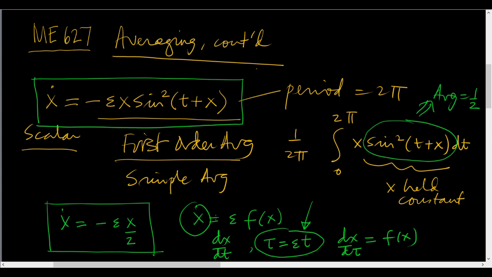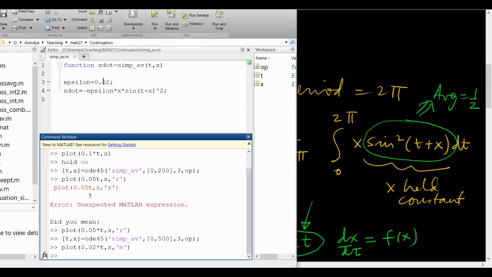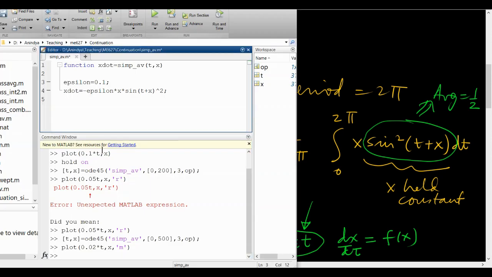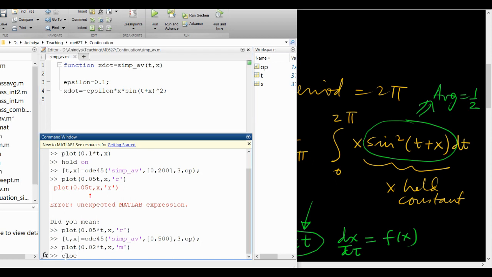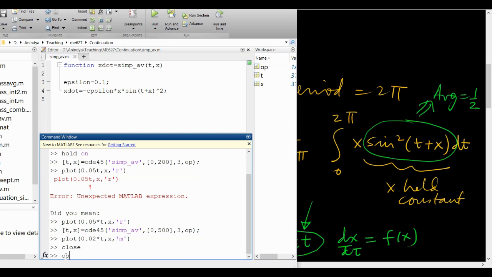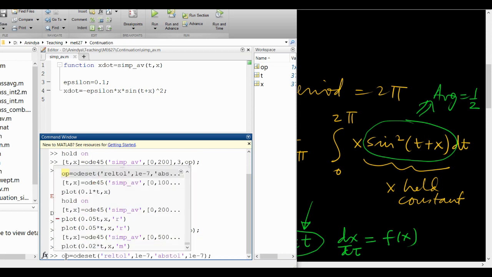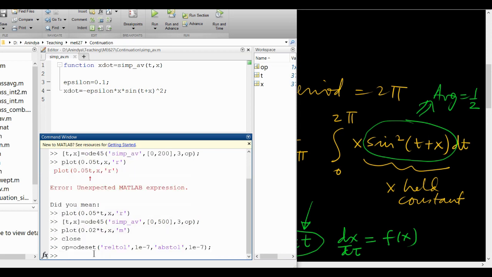Let us check that in MATLAB. So here we are in MATLAB. Let me put epsilon equals 0.1. I have already written the system here, minus epsilon x sine squared t plus x. Over here let me close my figure. I will define OP to remind you that for all serious calculation you need to do this.